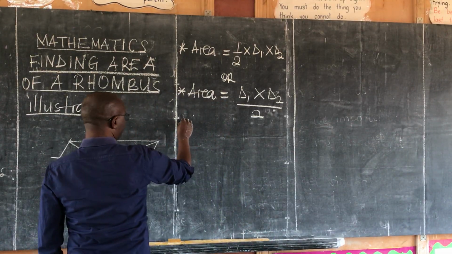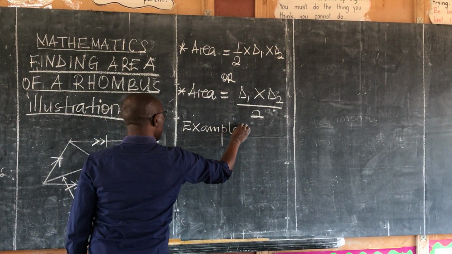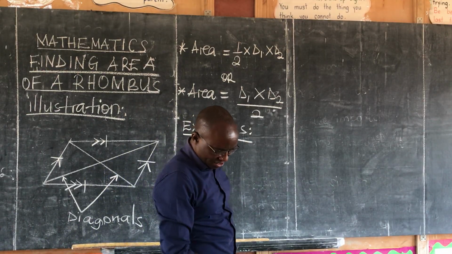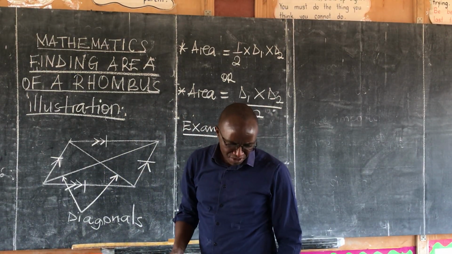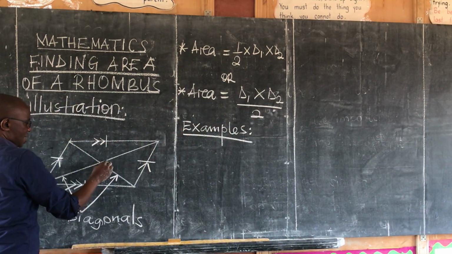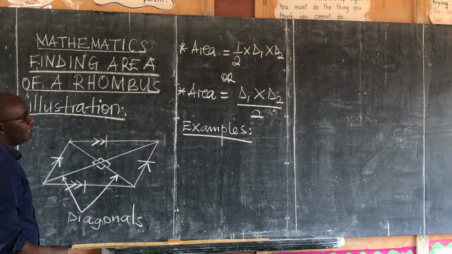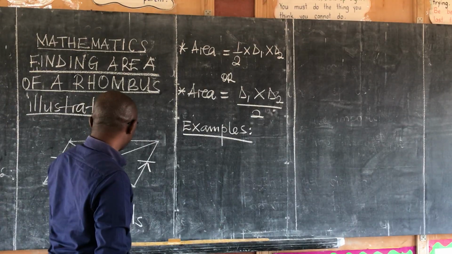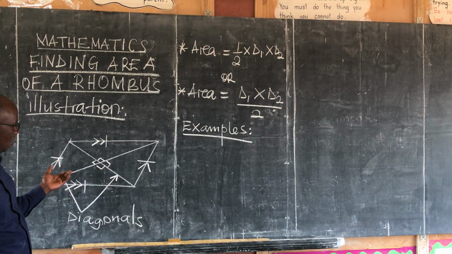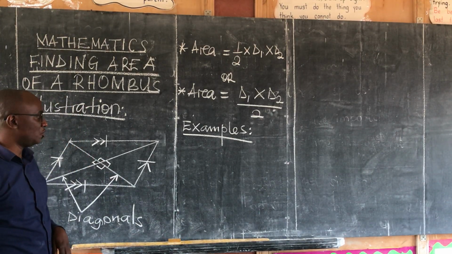Okay, I take you straight to the example. Remember, earlier we looked at the properties of a rhombus, and we said the diagonals bisect each other at 90 degrees, and they end up forming 4 right-angled triangles.